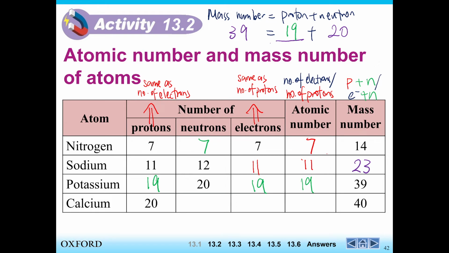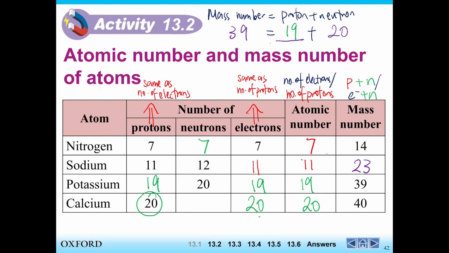Okay. And finally, the last one, calcium. For calcium, we are given the number of protons, so I can directly find the number of electrons because it's the same, which is 20. And because the atomic number is either the proton number or the electron number, it's also 20.